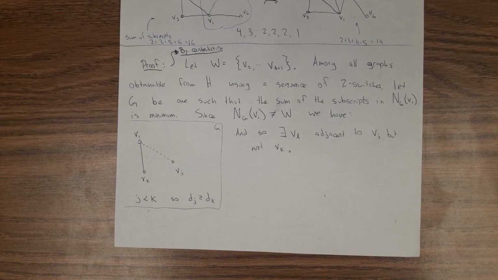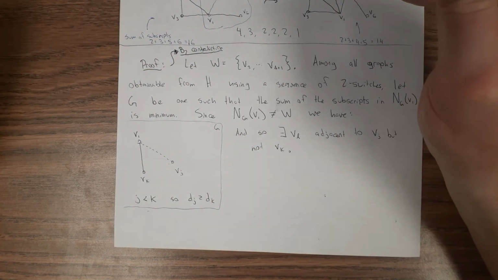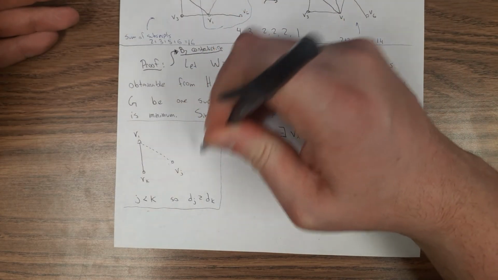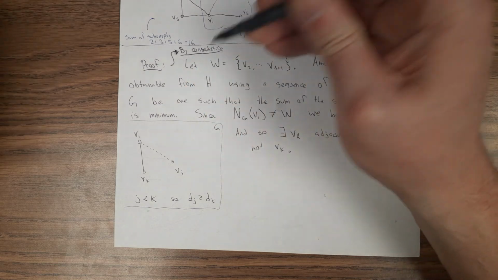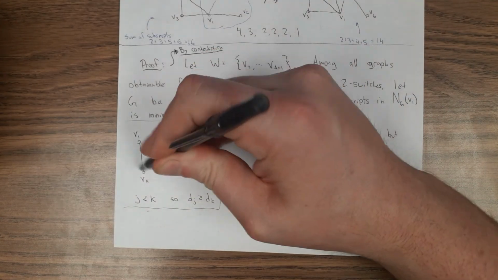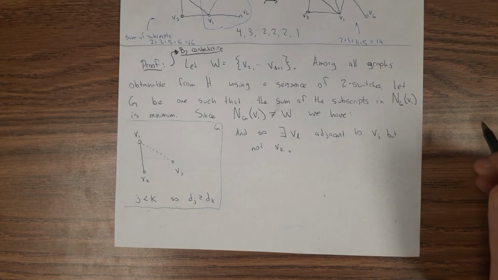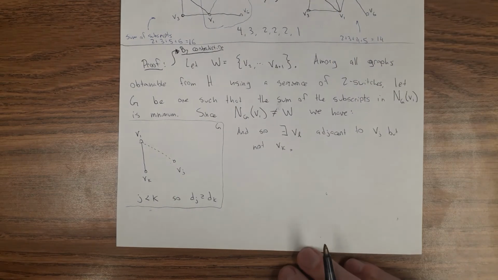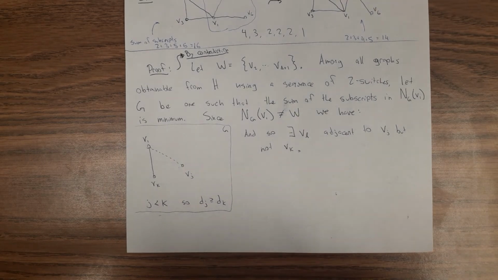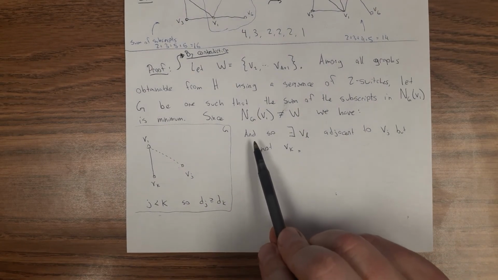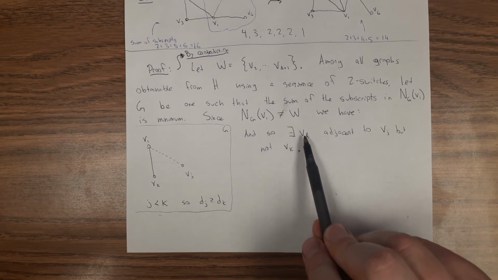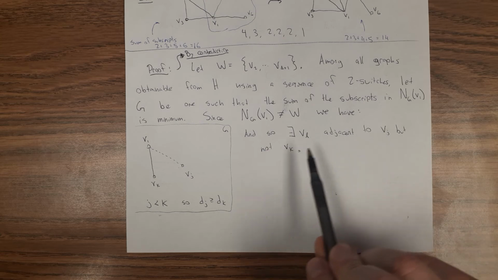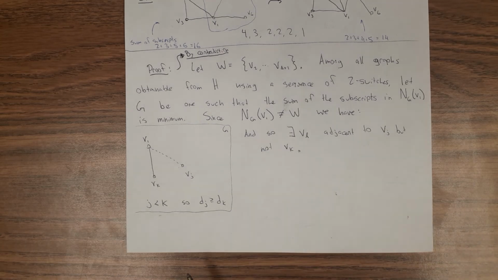Okay. So we have this, and again, this is an abstract drawing of a graph. So there may be more vertices that I'm not drawing here. I'm just saying that we have 3 vertices that look like this. So next, I claim that there's a 4th vertex that's adjacent to VJ, but not VK.